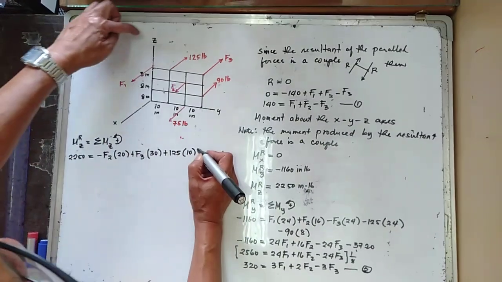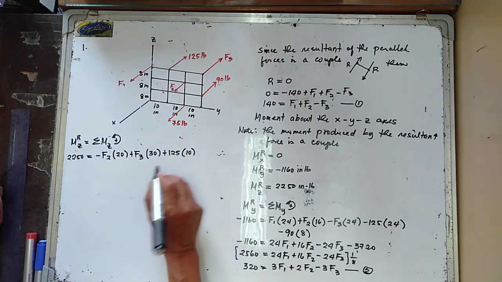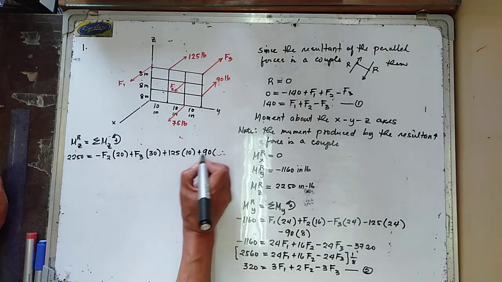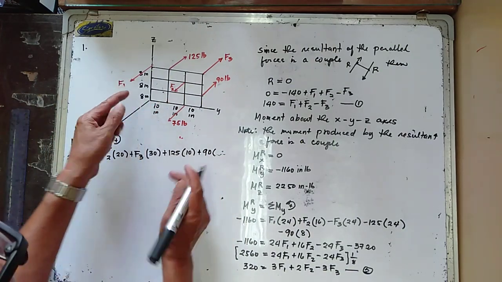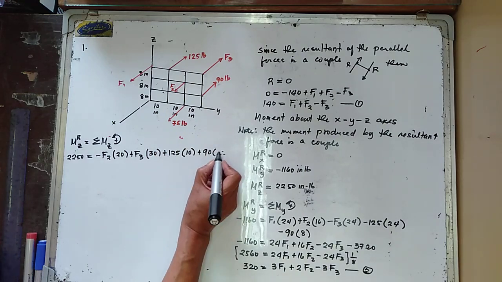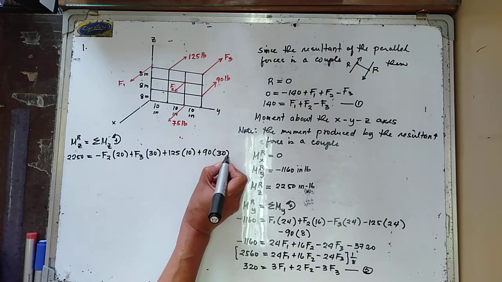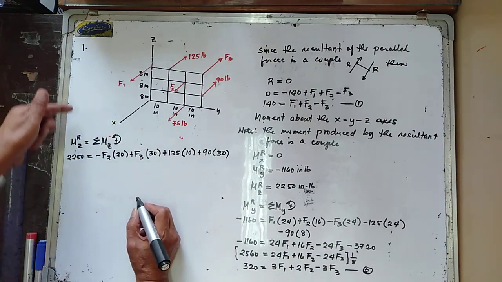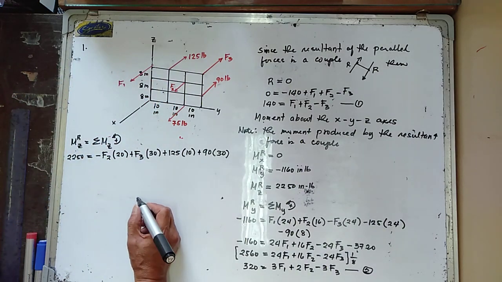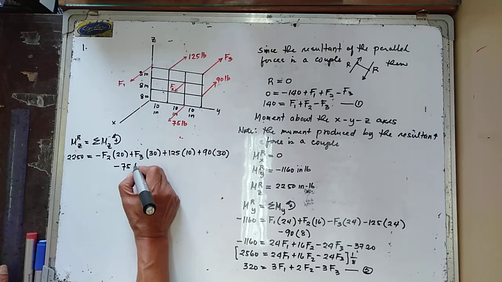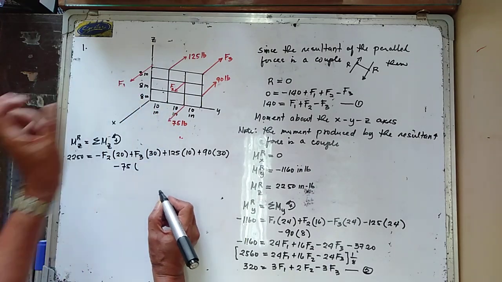Okay, so that is still going counterclockwise about the z-axis. So plus 90, multiplied by the moment arm, which is equal to 30. And then we have the 75 pound, so it will go clockwise about the z-axis. So we have minus 75, and the moment arm in here is 20.